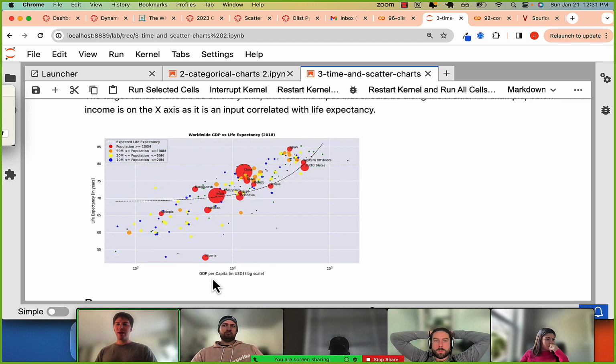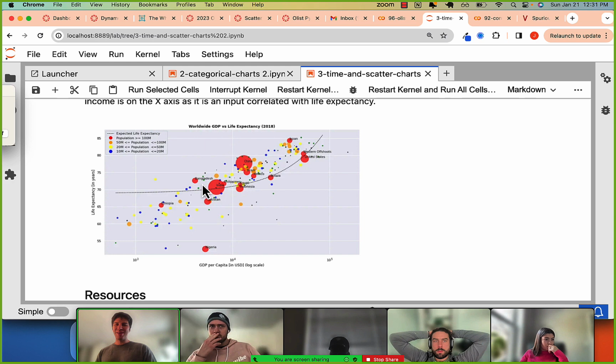So this is implying that GDP leads to an increase in life expectancy. That's what they're communicating here, and then they have the scatter plot, and they use a line to show the overall trend in the data, right? It's a nice chart, and then obviously this is to show population size as a degree of significance here.